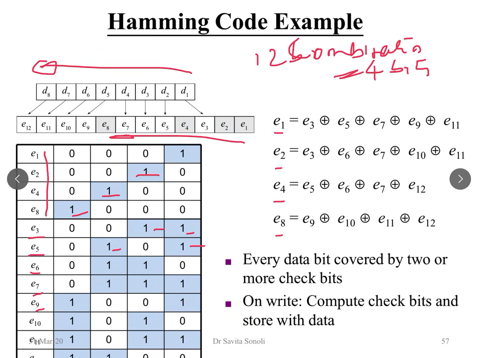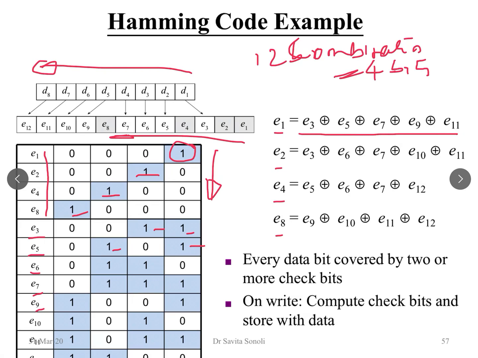Then next, how are we going to fill for E1? You can observe here E1 is E3 XORed with E5, E7, E9 and E11. So now check the first column, that is the E1 line. In this first column you look at the blue boxes here. Where all is it going high in the first column?